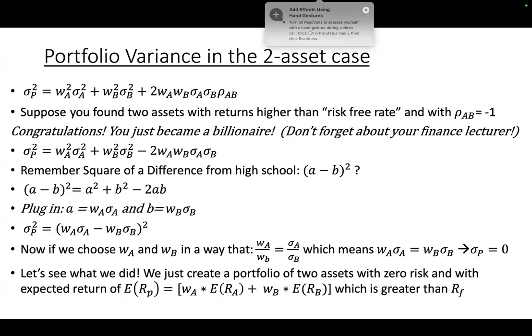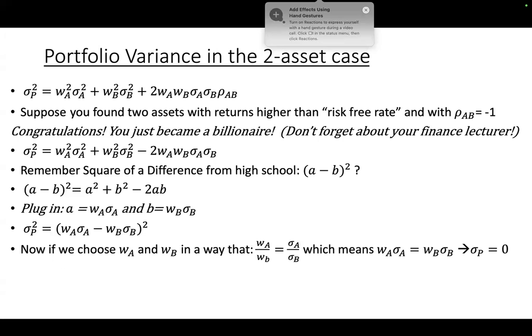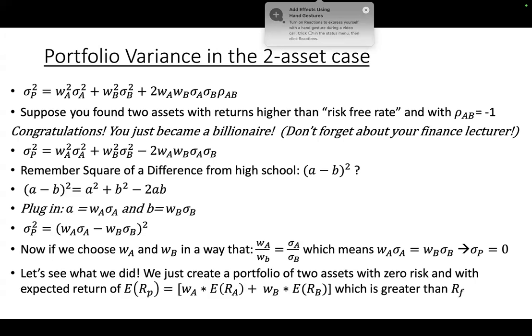What does it mean that the portfolio risk is 0? It means that you found a risk-free portfolio. It's huge. All you gotta do is check whether their return, which is WA expected return of A plus WB expected return of B, is greater than the treasury bills return, and then that's it.